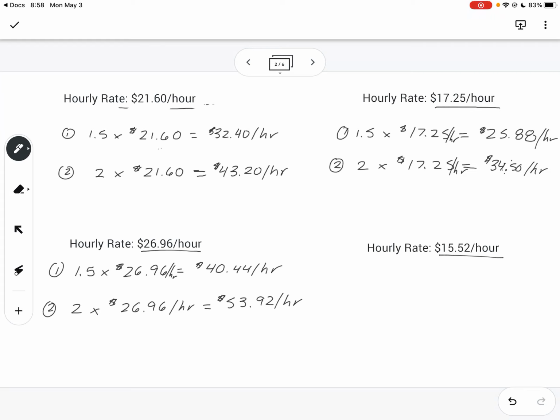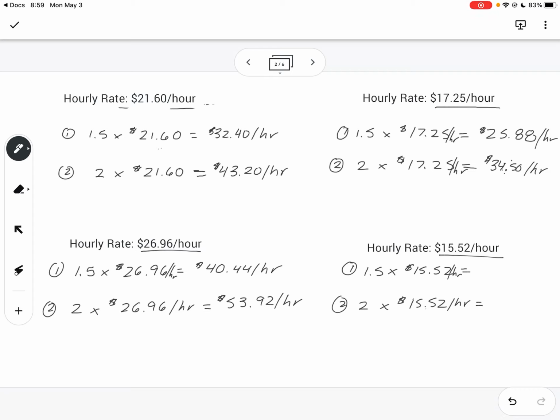The last one, we've got $15.52 an hour. So our time and a half rate is just 1.5 times 15.52. And our double time rate is 2 times our hourly rate, so $15.52 per hour.